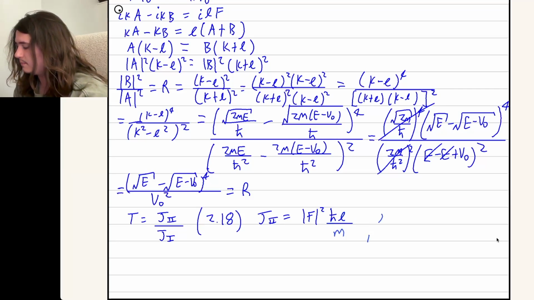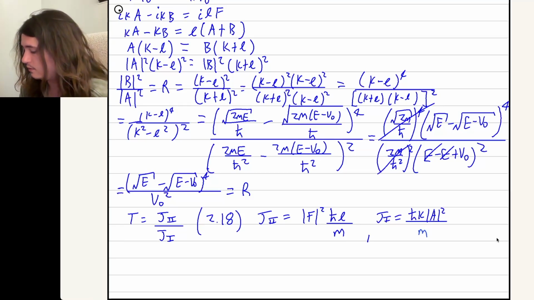And similarly J1 is h bar k mod A squared over m. Same sort of thing.